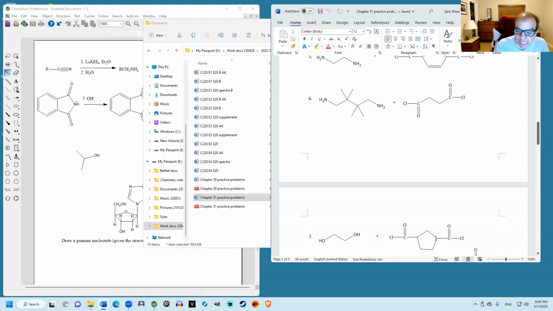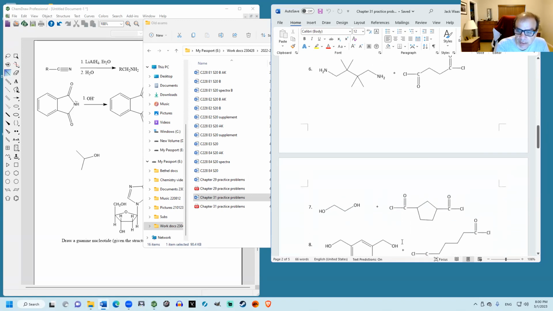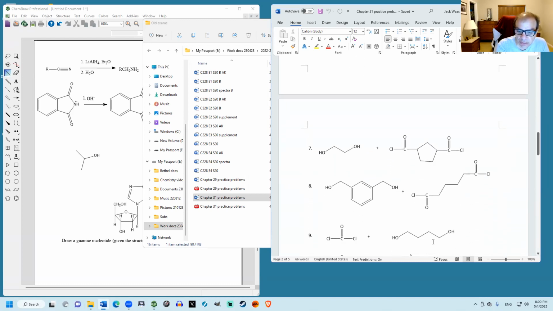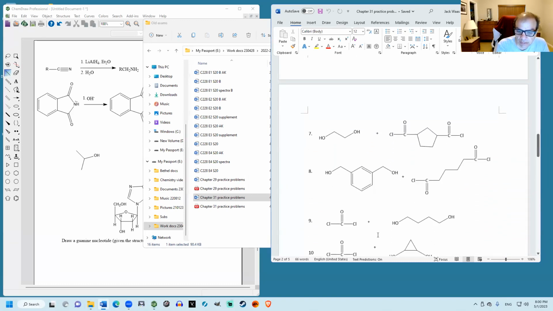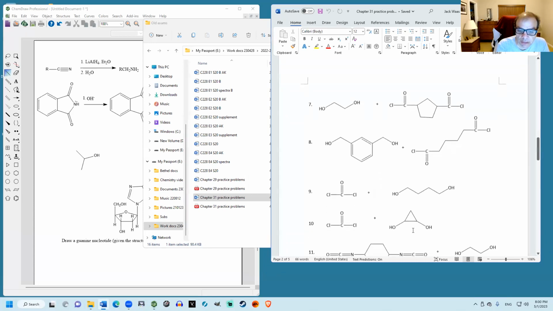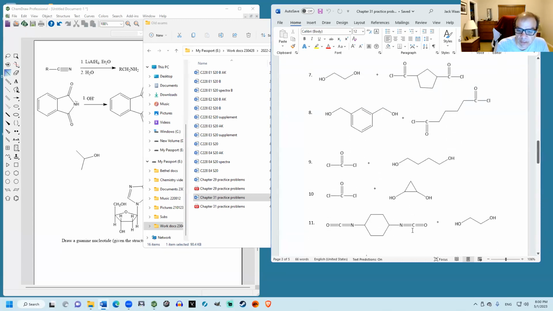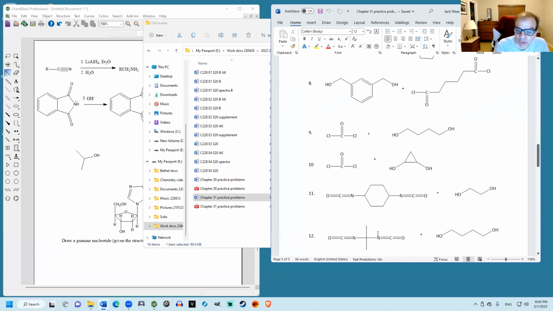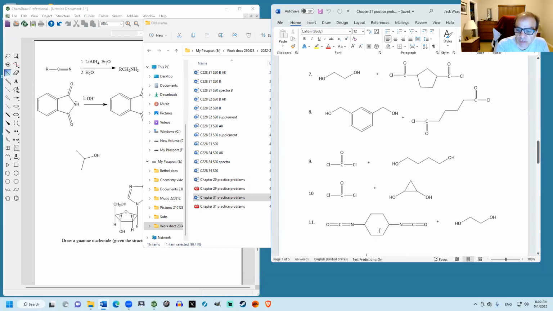This one would give a polyester. This one also a polyester. Then we have reaction with phosgene. This is going to form a polycarbonate, as will this one. And then the last 2 will make polyurethanes. So that's the main thing to focus on in chapter 31.